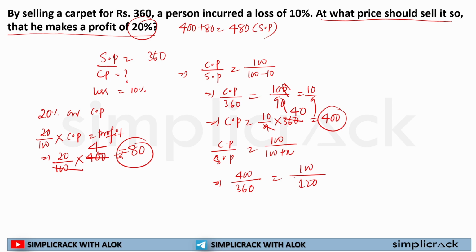Here selling price is not given. My apology, it has asked about the new selling price. So if I solve it, I will get the answer. Selling price is equal to 400 multiplied by 120 divided by 100. So 4 ones are 400, 480. So I can solve it this way or I can solve it this way as well.